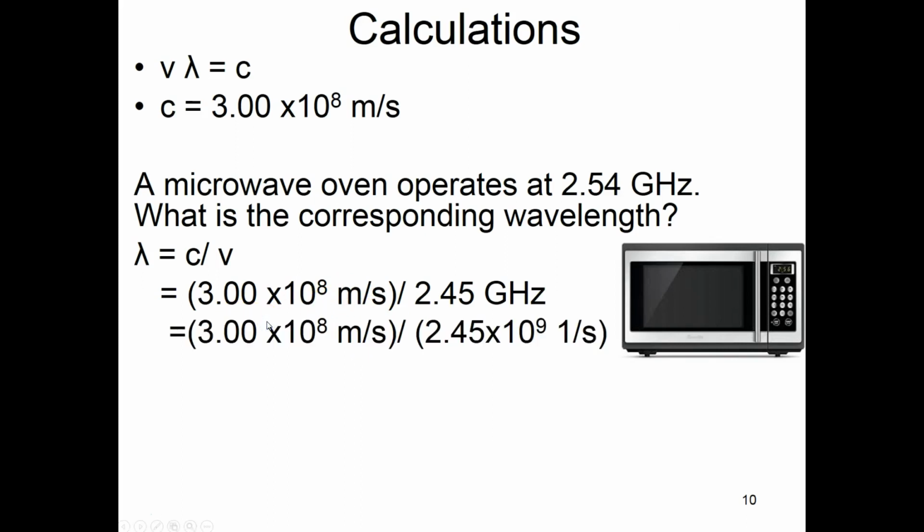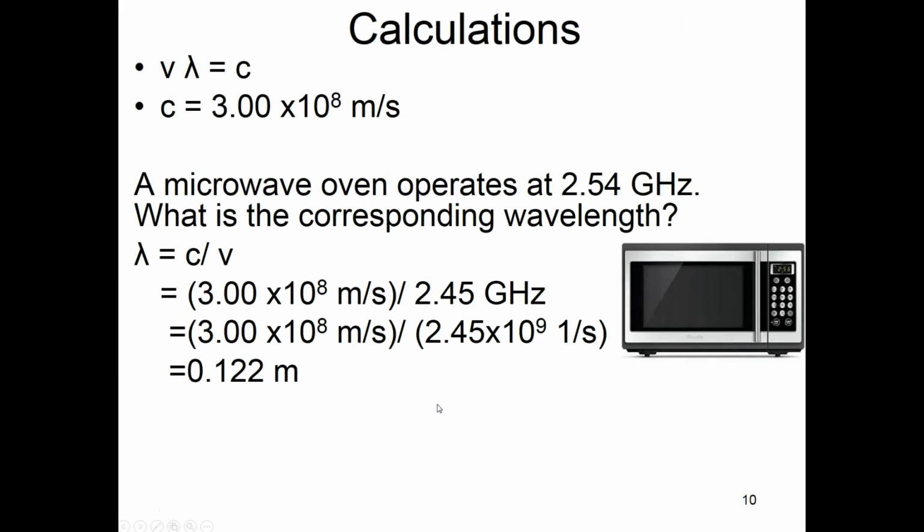Now remember, giga is an SI prefix that means 10 to the 9th, or a billion of them. And hertz is another way of saying reciprocal seconds, or 1 over seconds. And so now we have meters per second divided by 1 over seconds. The 1 over seconds in the numerator and in the denominator cancel out, so we're left with units of meters, which is what we were after.